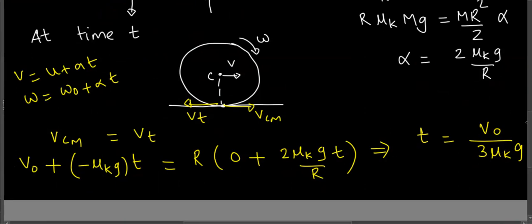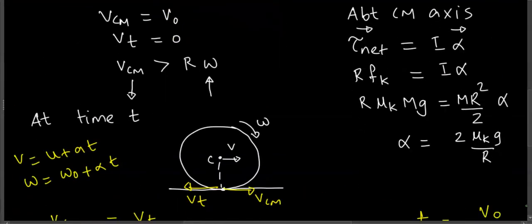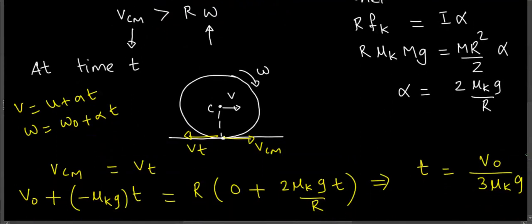Understand? Okay. Now, another question that they may ask is, what is the velocity once it starts rolling without slip? In that case, I can use this time in the left hand side. So the velocity of center of mass once it starts rolling without slipping will be VCM is equal to V naught minus mu kgt.